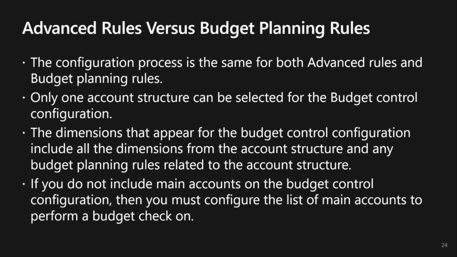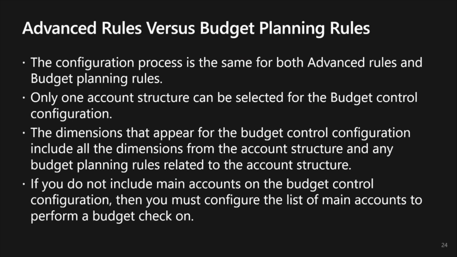One thing that's important to note is that only one account structure can be selected for the budget control configuration. So when you're using the budget control configuration, you would typically choose the account structure that's used with your P&L.